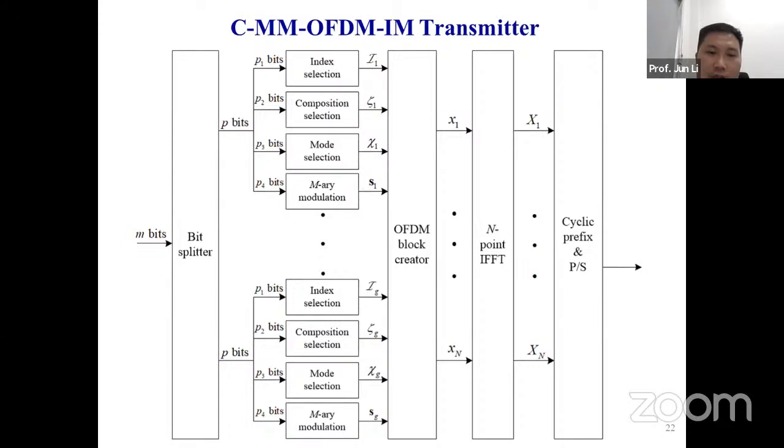In the multiple mode OFDM-IM, it has only the mode selection, the P3 bits, and the P4 bits, the modulation bits. And there's another conventional scheme, which is called OFDM index composite modulation. It has the first part, P1 bits, and the P2 bits and the P4 bits.